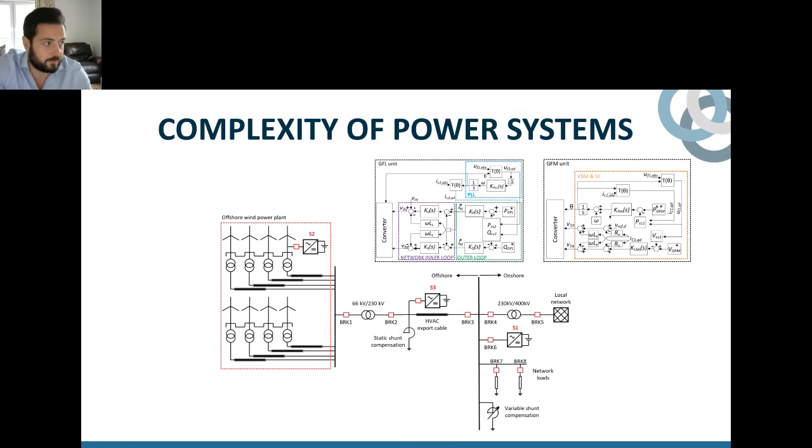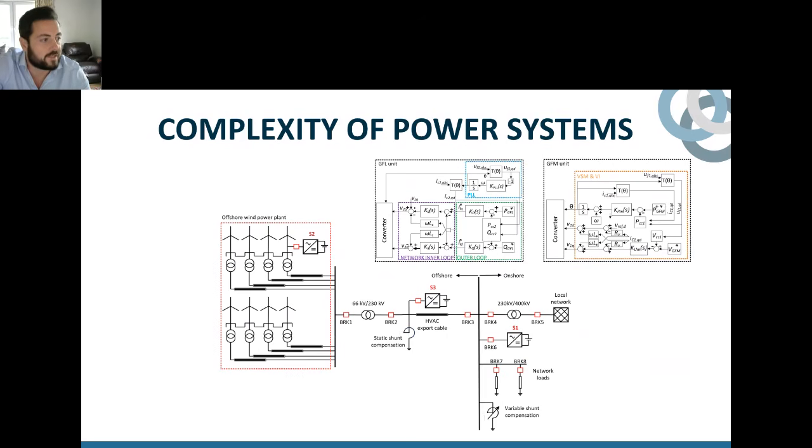And on top of that, even the control systems that manage wind turbines in this particular case, these controllers that you can see here in these diagrams, are also used for all the other inverter-based resources, such as solar panels or battery energy storage systems. So these controllers add another layer of complexity. Controllers are constantly adjusting voltage, frequency, and power flows.